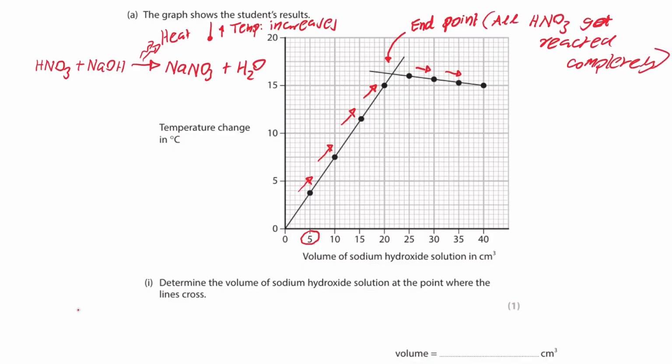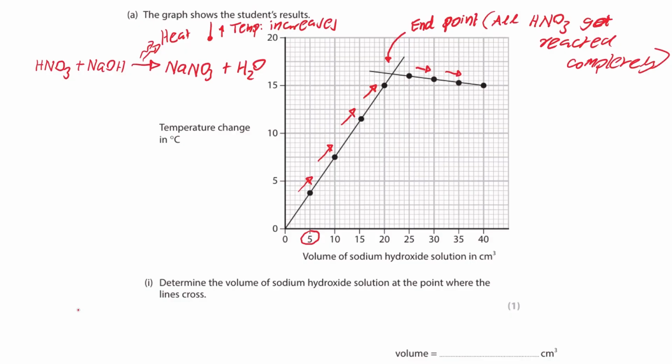Since all the HNO3 got reacted completely, that's why the temperature decreases. So the highest temperature point is where all the HNO3 has reacted.